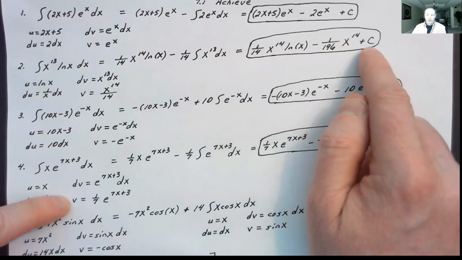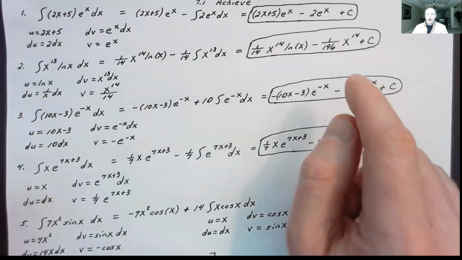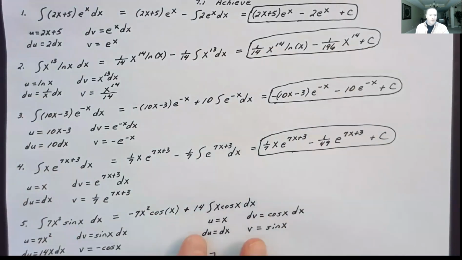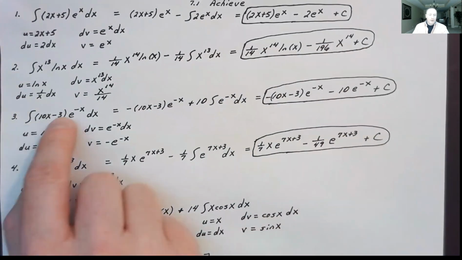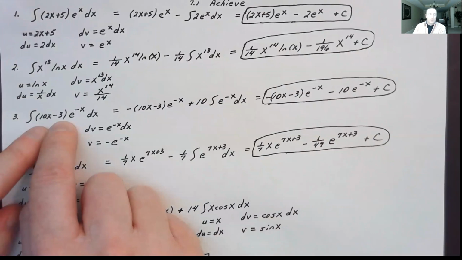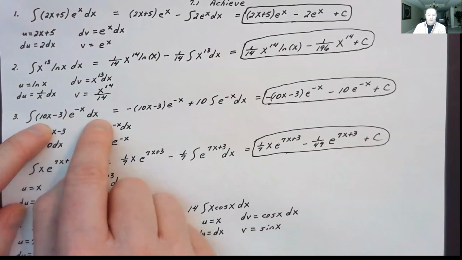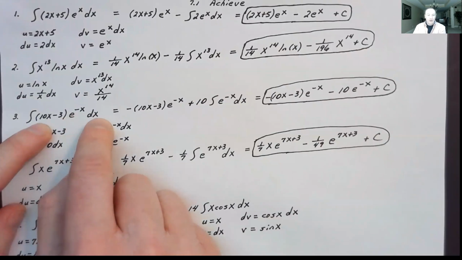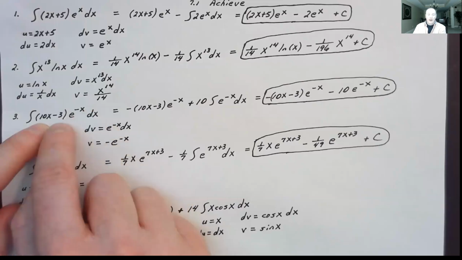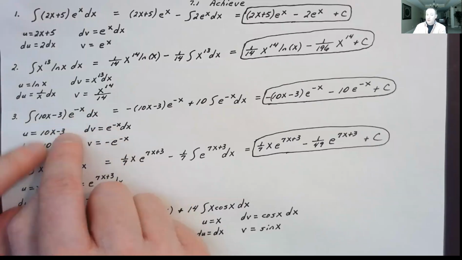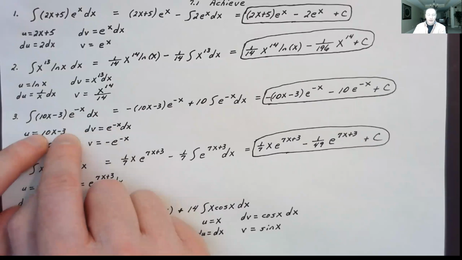Pretty cool problem. Up next here, for number 3, we had the integral of the group 10x minus 3 times the exponential function e to the negative x, and Achieve was asking us again, integrate that with respect to x. Algebraic and exponential, you know you let u equal the algebraic function.